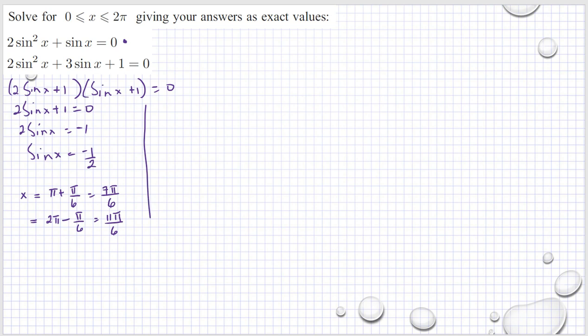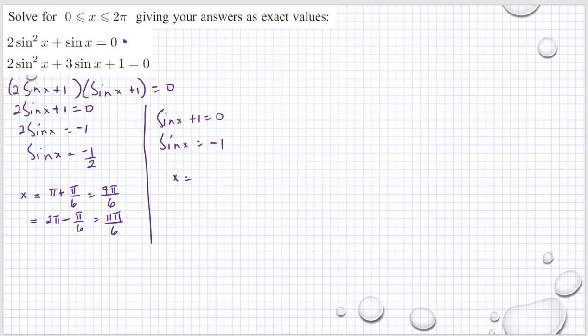Then the other is sine x plus 1 is equal to 0. And we have sine x is equal to negative 1. And negative 1 we have only in the third quadrant. So we have our x is equal to 270 degrees.